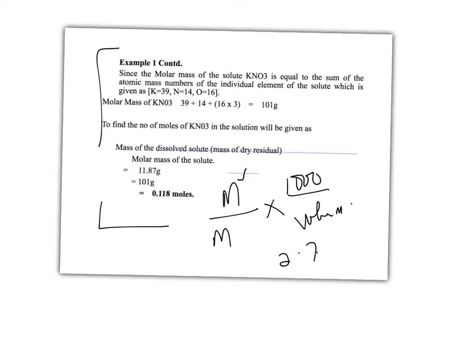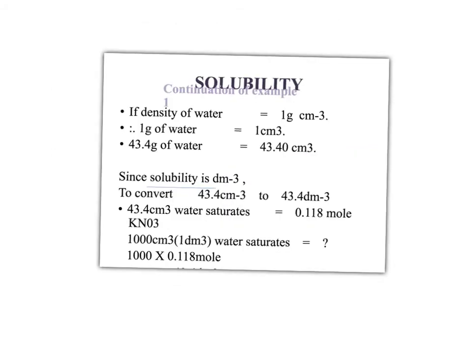So the mass of dissolved solute, as we've seen, is 11.87. When you divide it by the molar mass, which is the given data 101, you get 0.118 moles. Invariably, it means that the 43.40 cm³ of water will saturate 0.118 moles of potassium trioxonitrate(V).